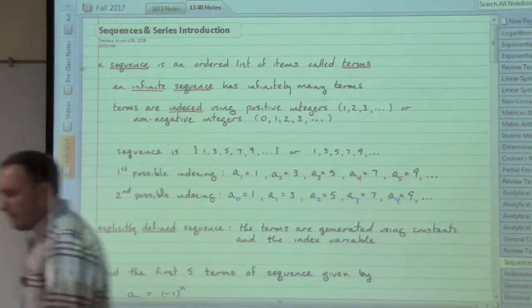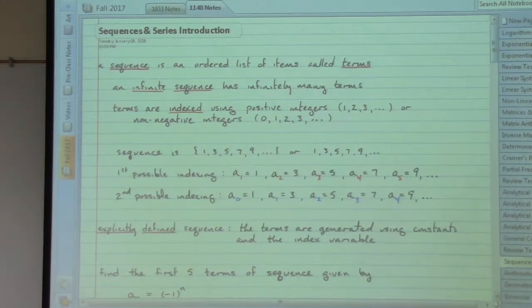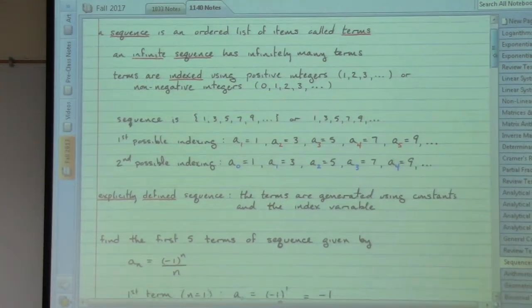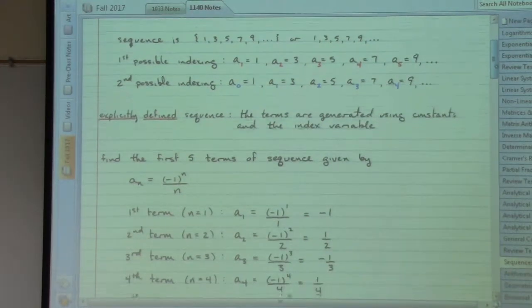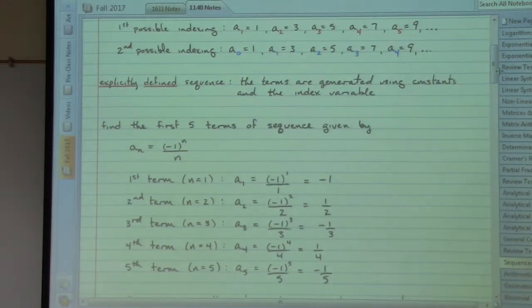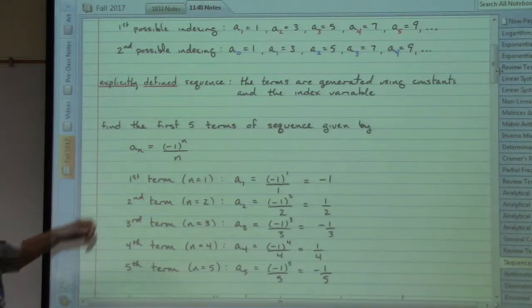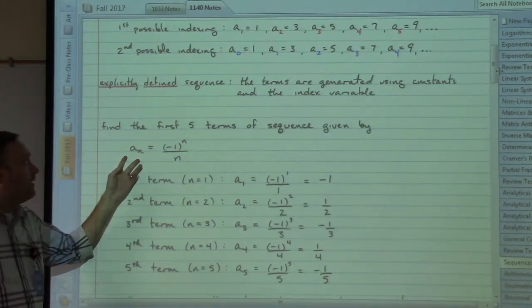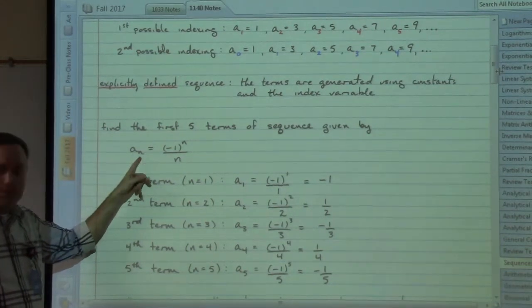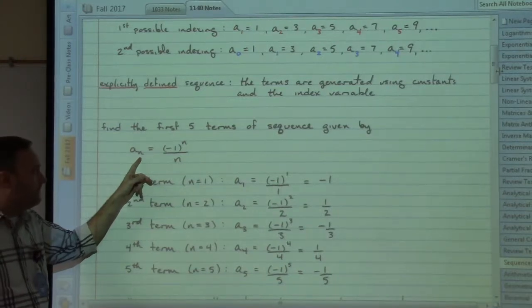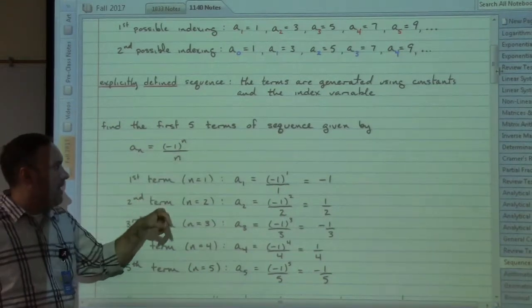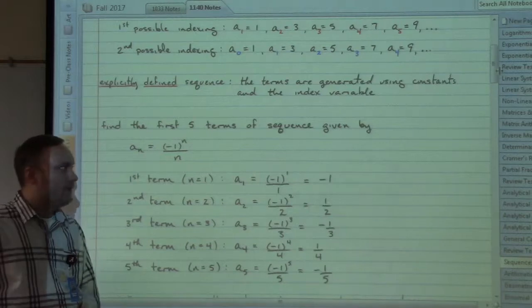So down here at the bottom, pull up the example that we've got here to illustrate this. Find the first 5 terms of the sequence given by the formula a sub n equals (-1)^n divided by n.